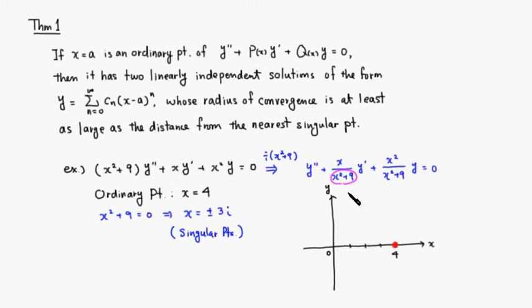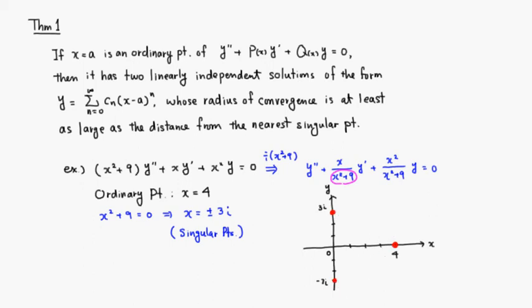Then the singular points are plus or minus 3i, so it's going to be 1, 2, 3. So here 3i would be up here, and negative 3i is going to be down here.